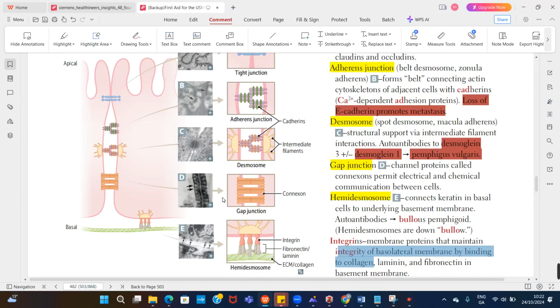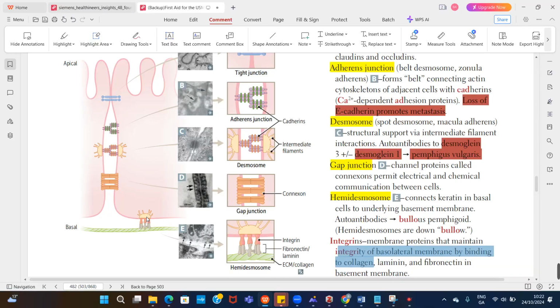It connects keratin to collagen, to laminin, to fibronectin. Do you understand? Because the collagen, the laminin, the fibronectin are components of the basement membrane here. So hemidesmosome is just connecting basement membrane to epithelial cell.